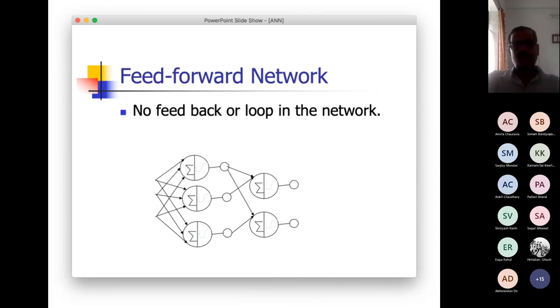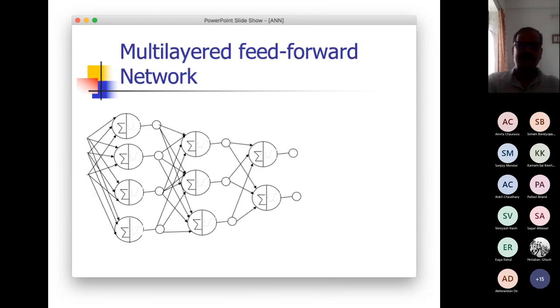So the popular network we mostly deal with is the feed-forward network. In the feed-forward network, there is no feedback from the layers. And particularly, we call it multi-layered feed-forward because the connectivities are in stages. From one layer, the outputs are connected to the inputs of another layer.